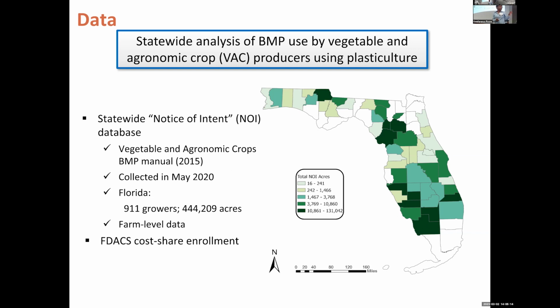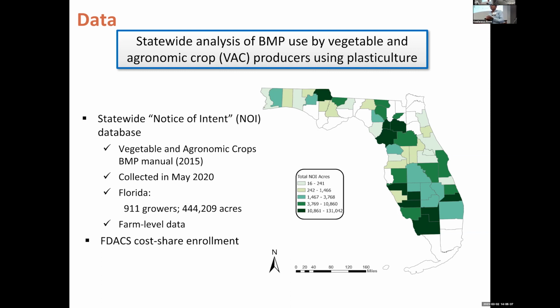So this data is from the 2015 Vegetable and Agronomic Crop Manual. We collected this data May 2020. FDACS might be updating this. I will say most of the data for this manual is in the 2015 manual. There was a manual done in 2008.